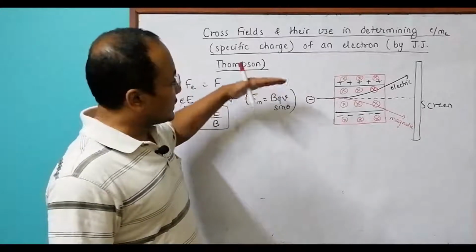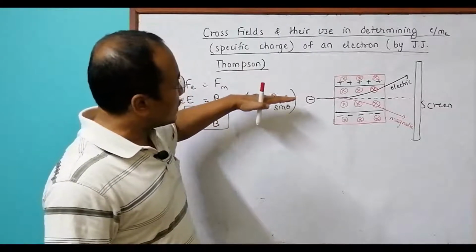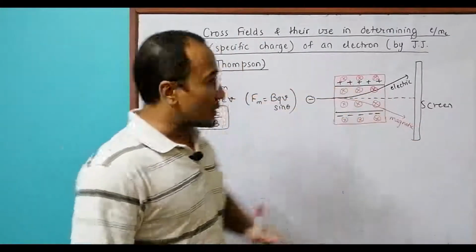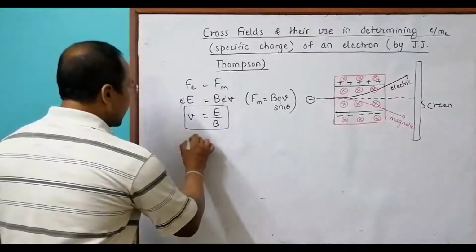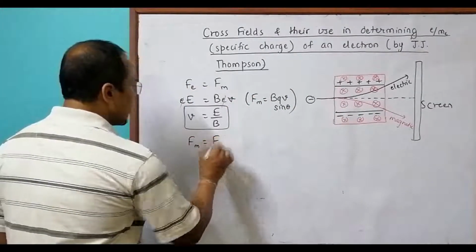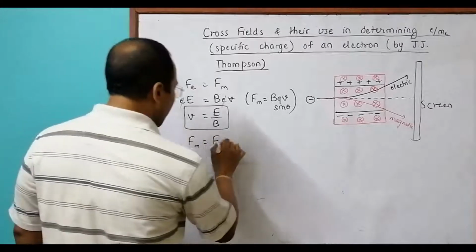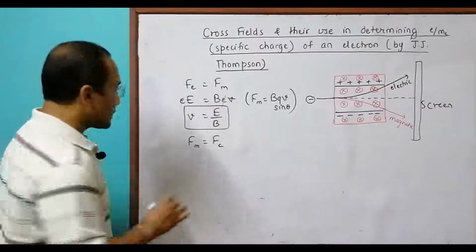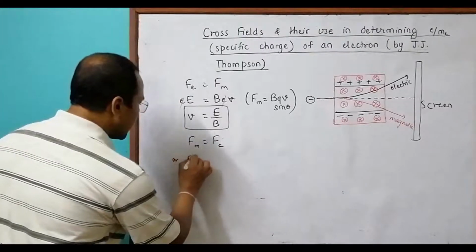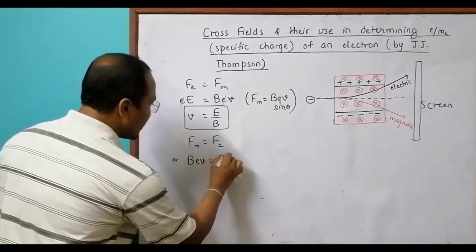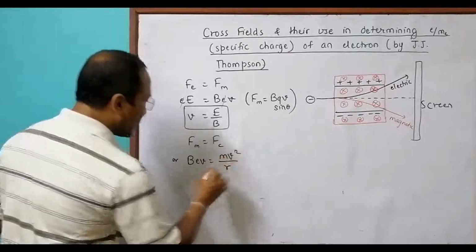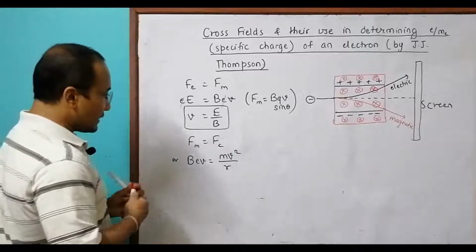Then he switched off the electric field. Then the charged particles will go like this. At that time the Lorentz force Fm is responsible to move it in a circular path. So that is equal to Fc, the centripetal force, which gives B e v equal to m v square by r. Here I can cancel v and v.